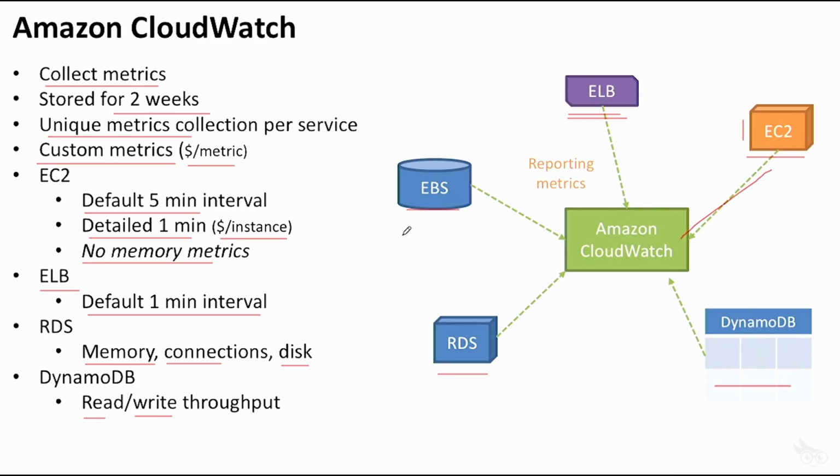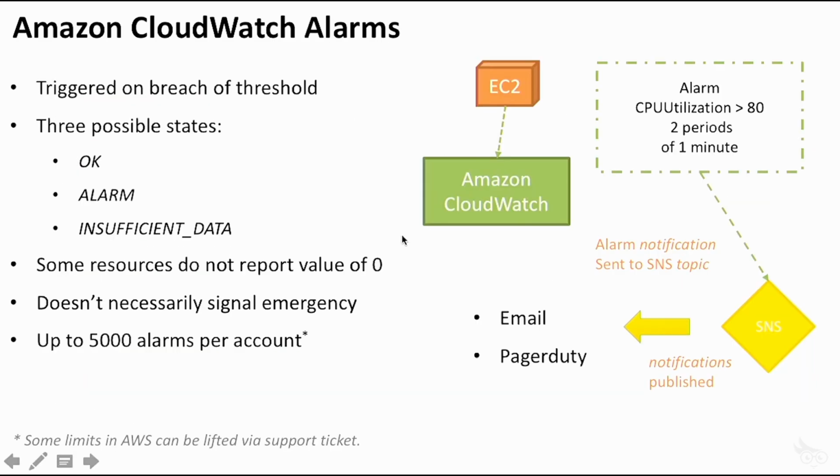Now, again, Amazon CloudWatch being a metrics repository, that is very useful, but what's even more useful is the ability to create alarms based on those metrics. So an alarm is something that's triggered when a particular threshold is breached.